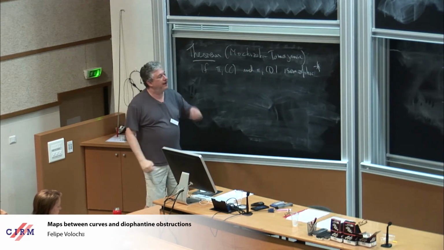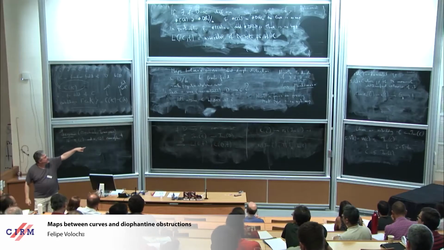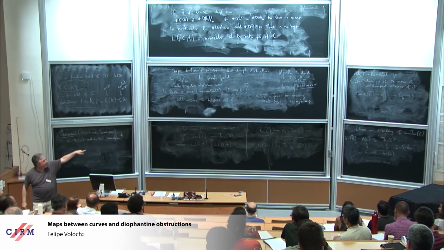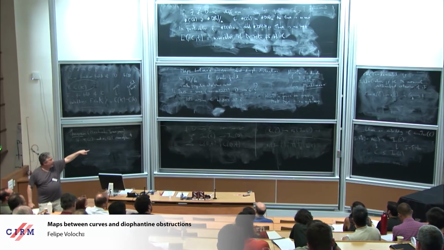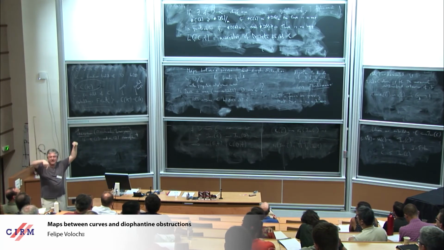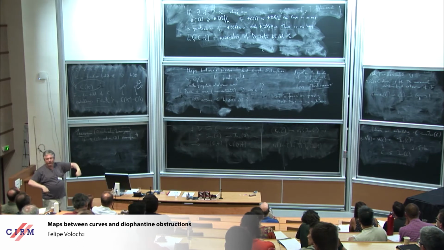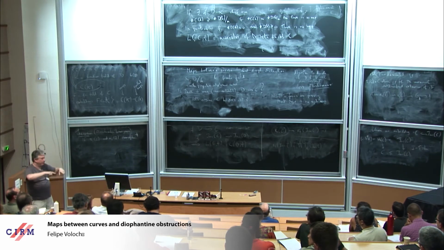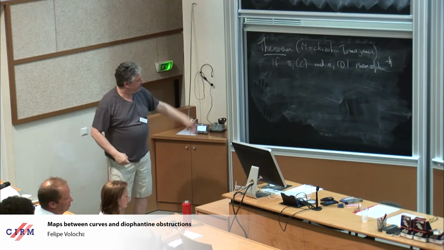So isomorphic means, so the fundamental group sits in that exact sequence that I wrote on that blackboard up on top there. And when I say they are isomorphic, I mean an isomorphism that preserves the exact sequence. So it's an isomorphism of the middle thing that comes with an isomorphism of the left thing and the right thing, and everything commutes. So that's what I mean by isomorphic star.